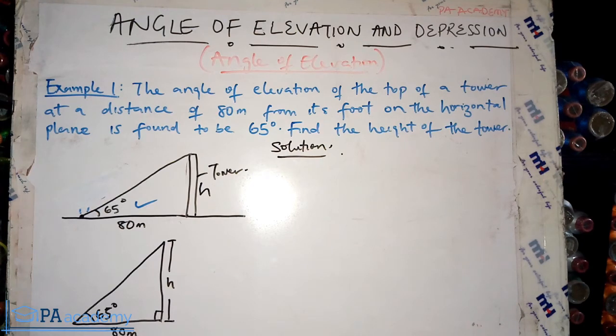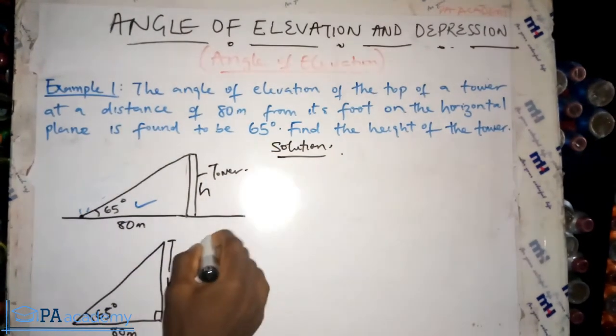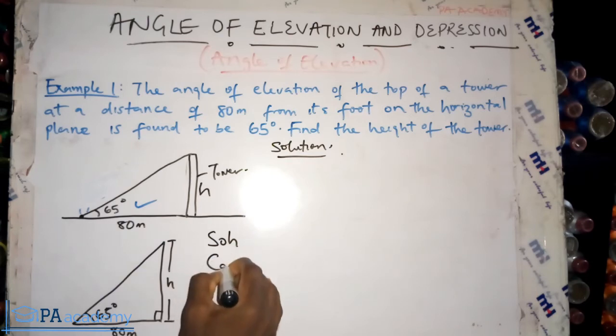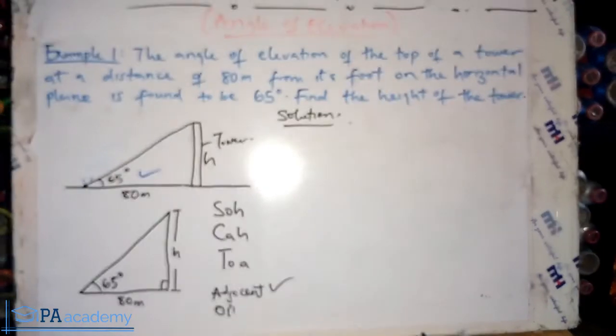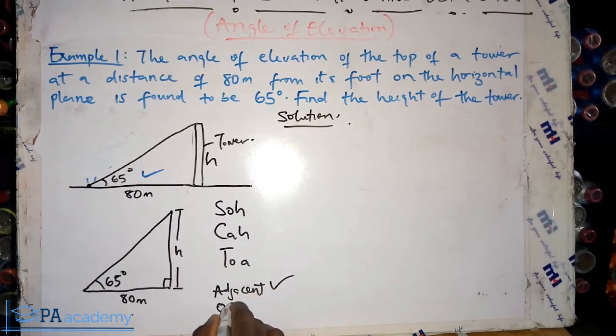So now, we are going to be using the SOHCAHTOA I wrote earlier. Before we can decide which one we are using, let's look at the parameters that we are given. The adjacent is given, and we are looking for the opposite.